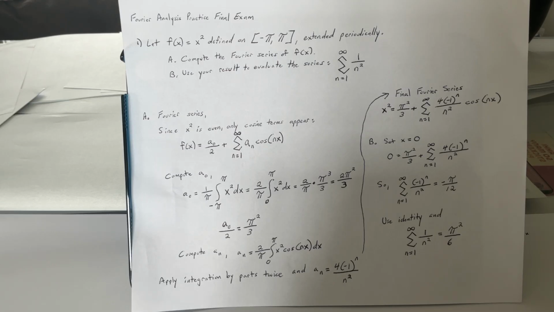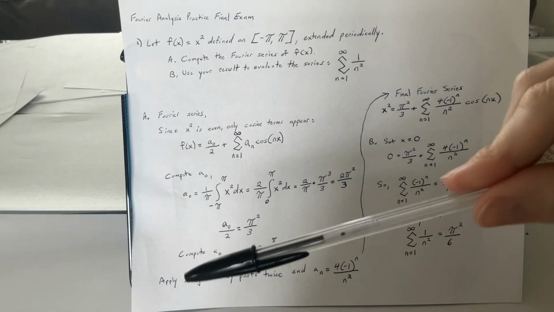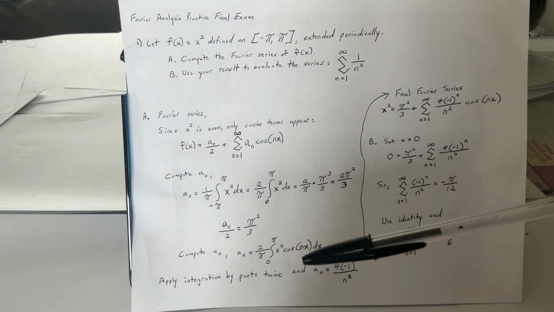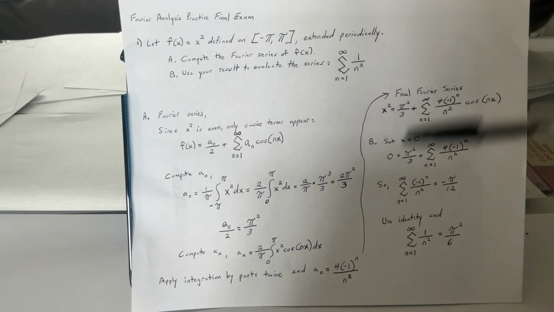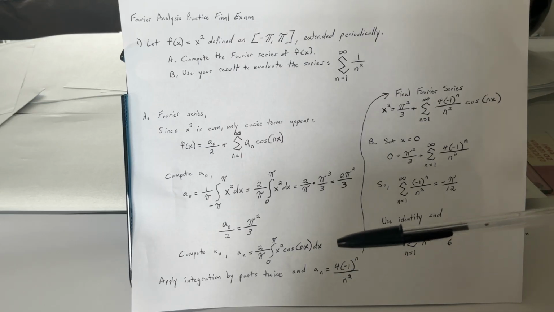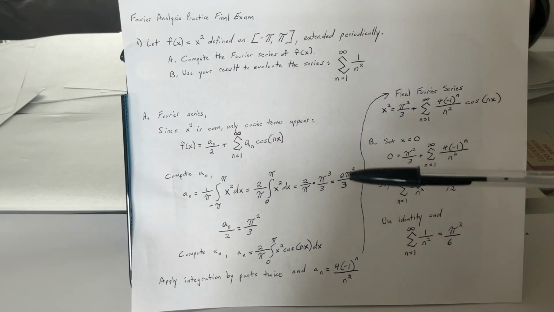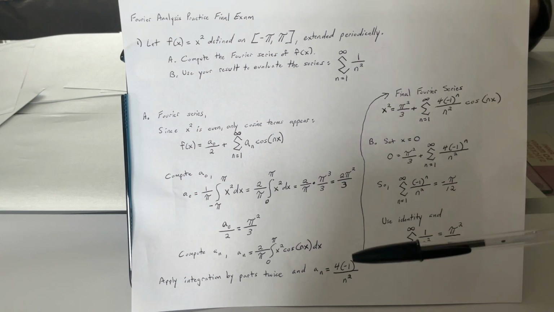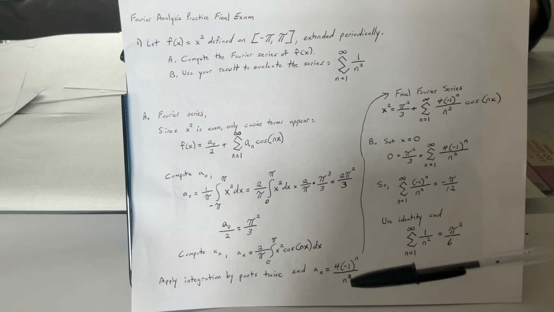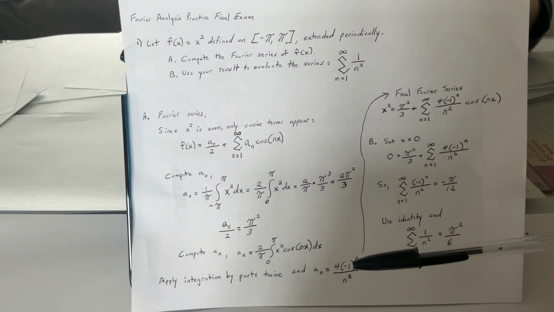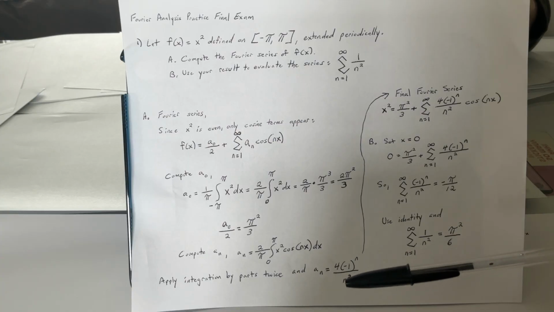Now, just to skip over some of the work we need to do to get here, Calc 2, integration by parts. We're going to apply integration by parts 2 times for this, and here's what we get. We're going to be able to take a sub n as 4 times negative 1 to the n over n squared, and we're going to be able to find the final Fourier series of this.